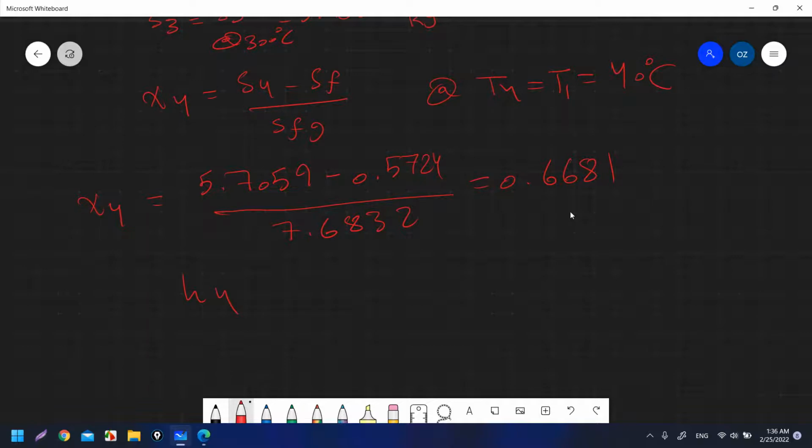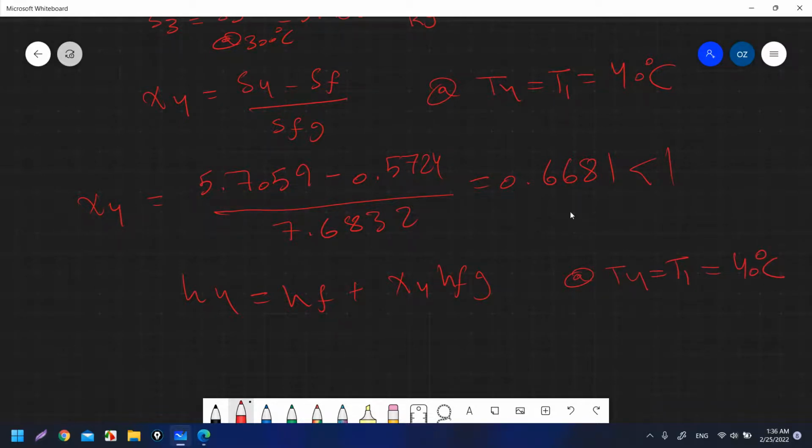So let's find H4. Because the quality is less than 1, I can use the equation H4 equal to HF plus X4 HFG. Also HF and HFG are at the temperature T4 equal to T1, equal to 40 degrees Celsius.